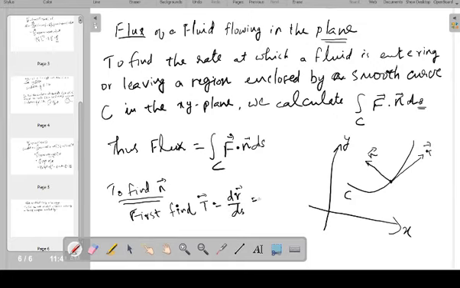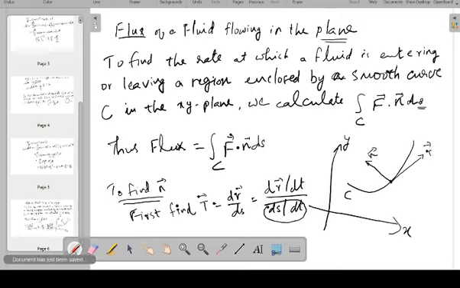It is the same as dr by dt divided by ds by dt by the chain rule. But ds by dt is the same as the norm of dr by dt.